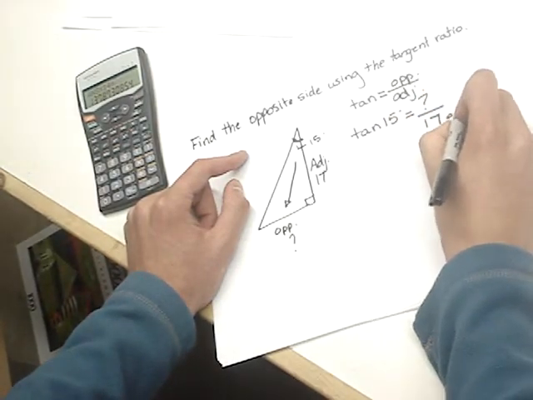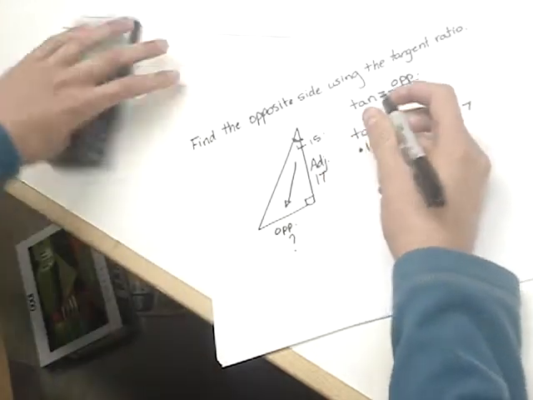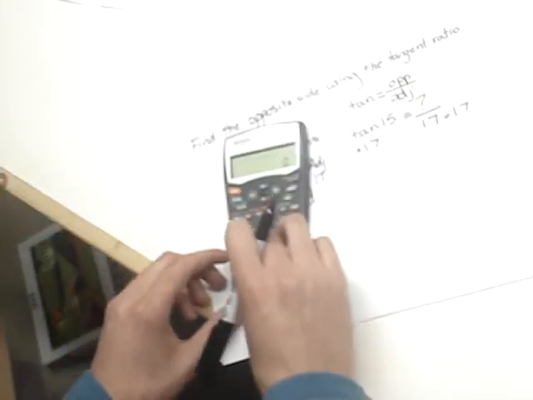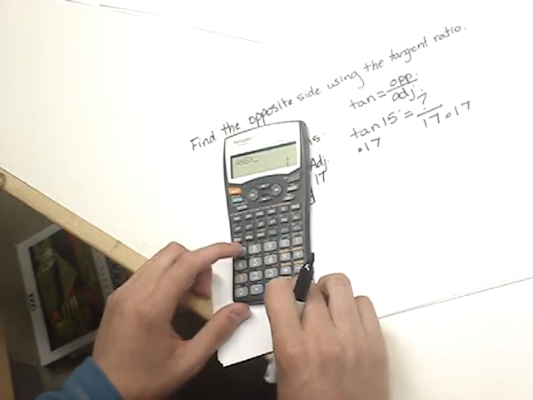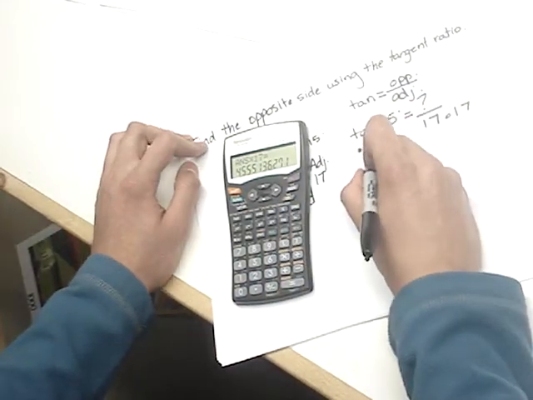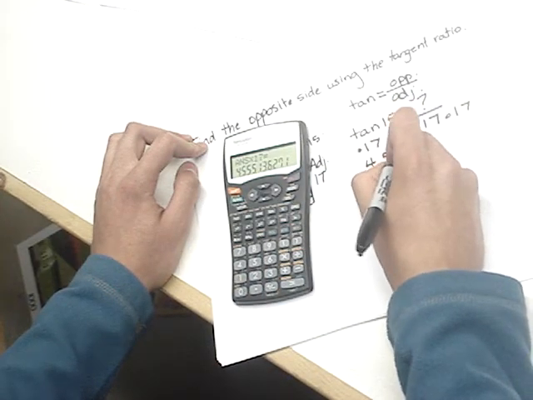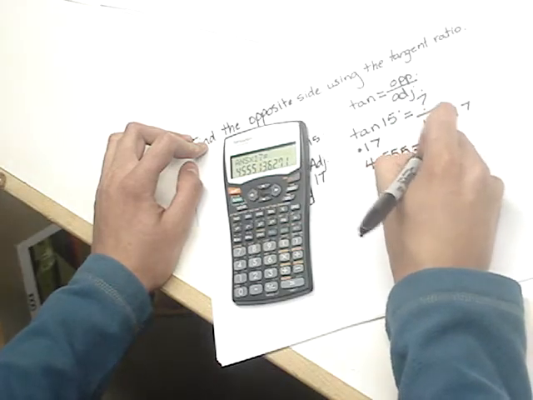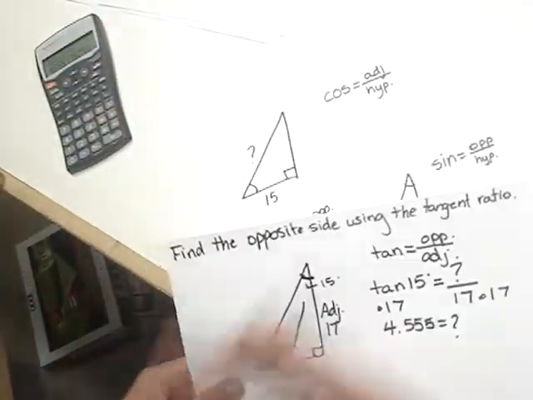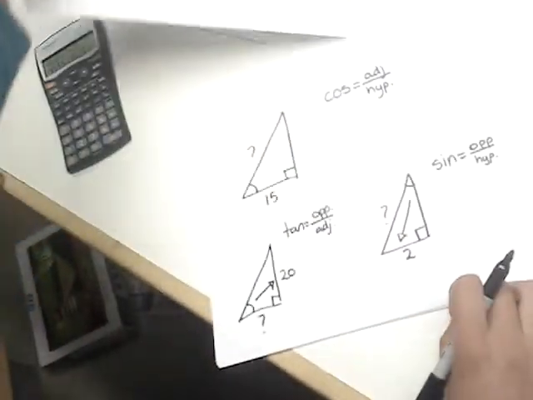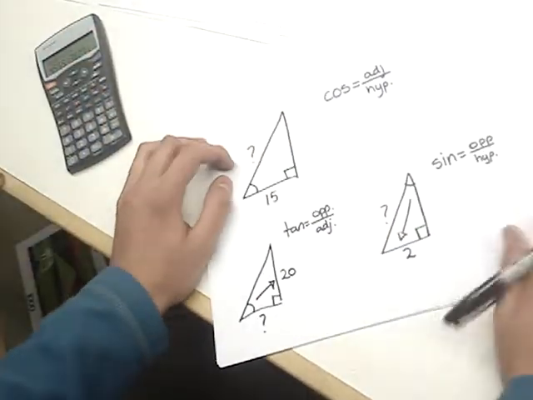Now to isolate the variable, multiply by 17 on both sides. Tangent of 15 multiplied by 17 equals 4.555. Do these at home just to check that you're able to follow along with me, because in the next video it gets a little more complicated.